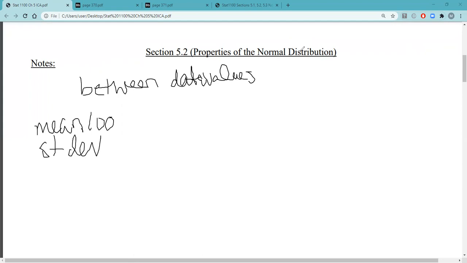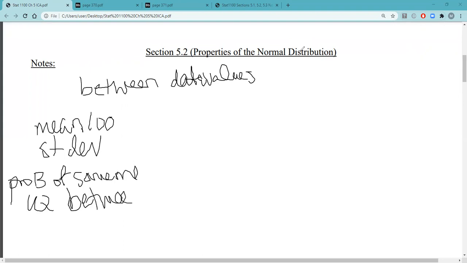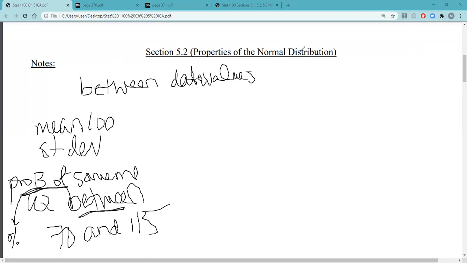And let's look for the probability of somebody having an IQ between 70 and 115. So again, we're looking for the probability or the percent of data values that are between this.